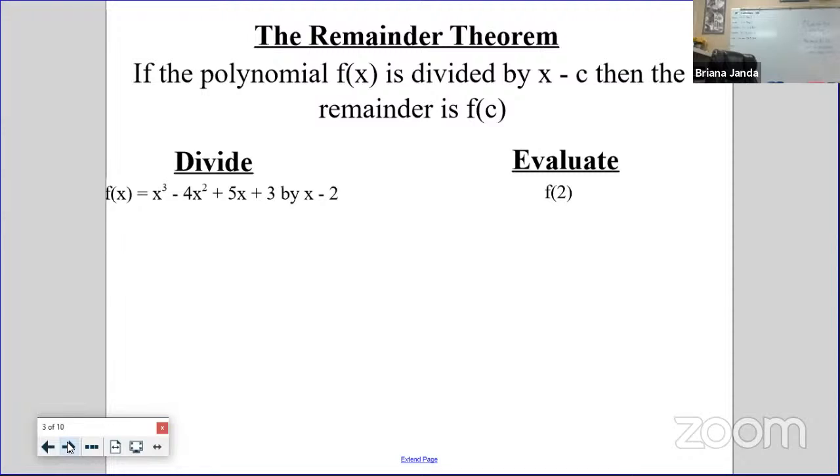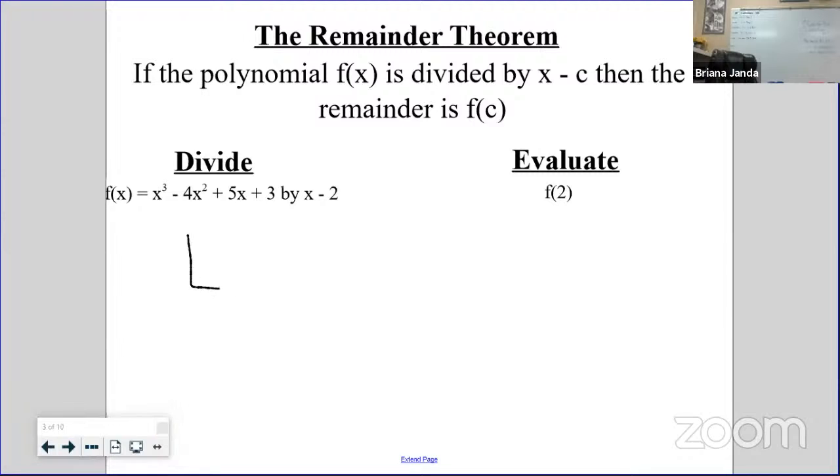Yesterday, we learned a method for how to divide a polynomial using synthetic division. And so over here, I want to divide this polynomial by x minus 2 using synthetic division.